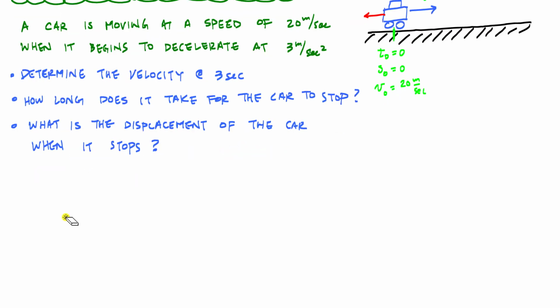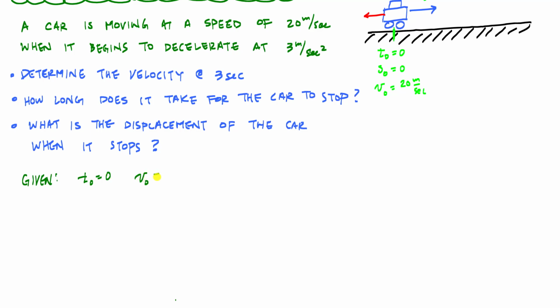Whenever we work on a problem, we might have a problem statement, but we really want to highlight the important aspects or things that we understand from the problem statement. Here we're given time is going to start the instant we hit the brake or we start to decelerate. So here we'll say t0 is 0.